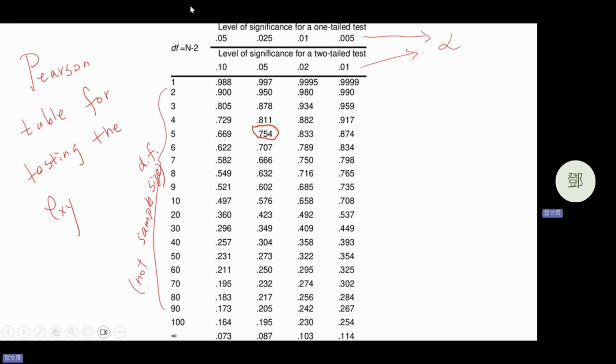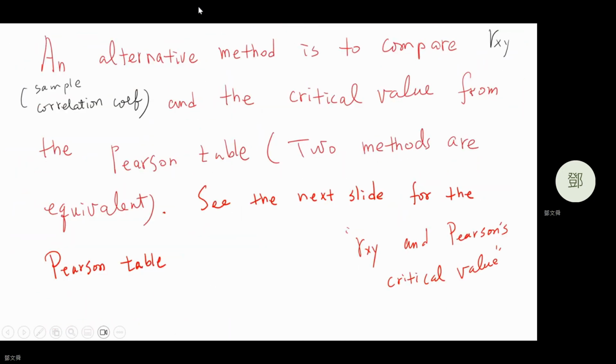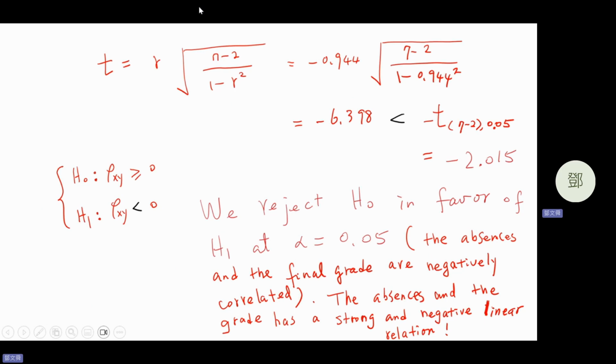It is 2.015. And what is the Pearson value?